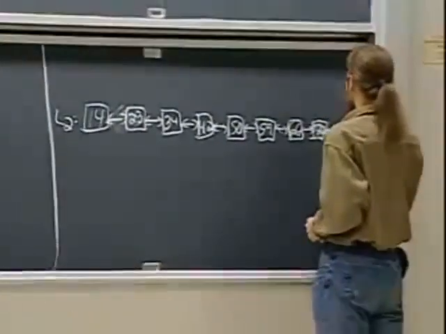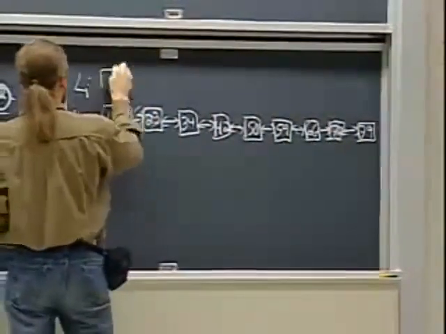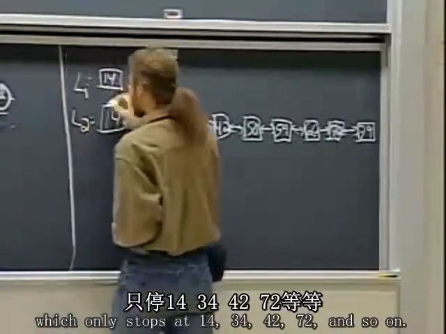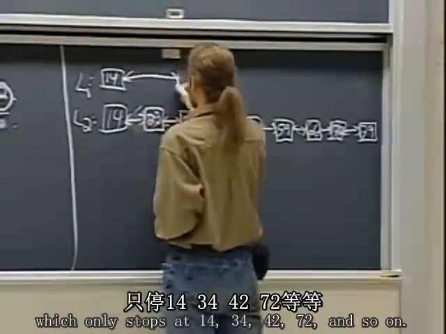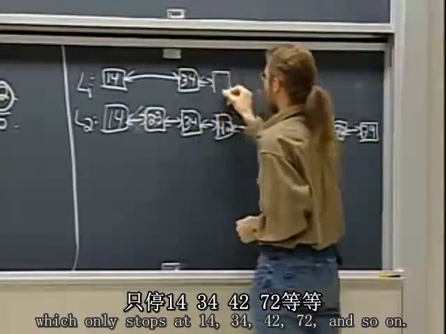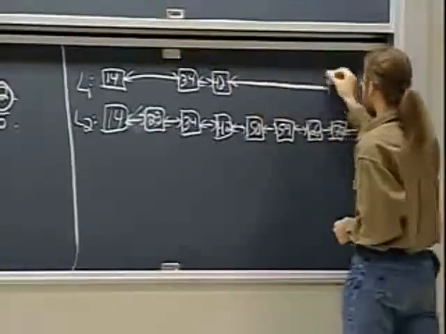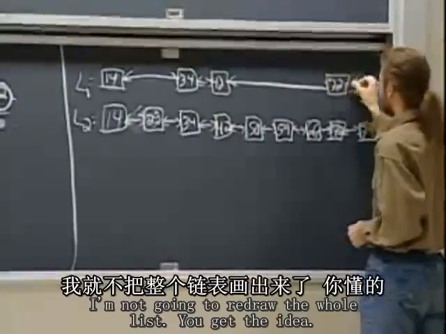And then we have the express line on top, which only stops at 14, 34, 42, 72, and so on. Okay, I'm not going to redraw the whole list.